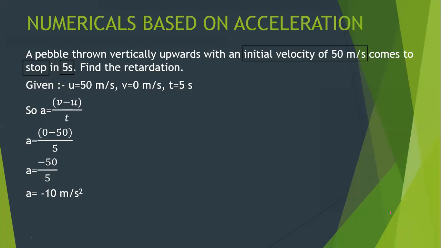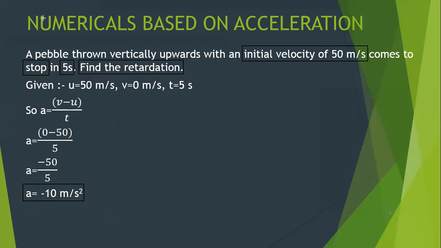But understand what is being asked. The numerical says find the retardation. And what is this? This is acceleration. We don't have a separate formula for retardation. We have the same formula for acceleration, but my acceleration is coming out to be negative.